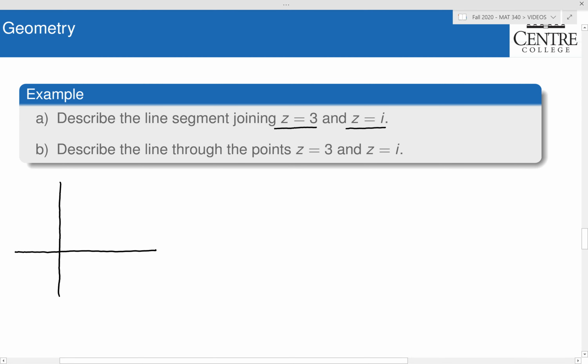I'm going to sketch z equals 3, which would be somewhere around here, and z equals i, somewhere around here. So the line segment in question is right there.